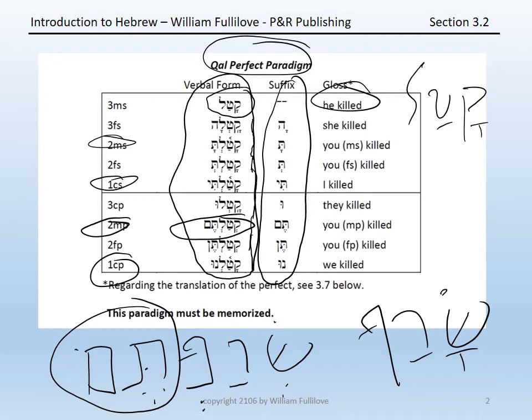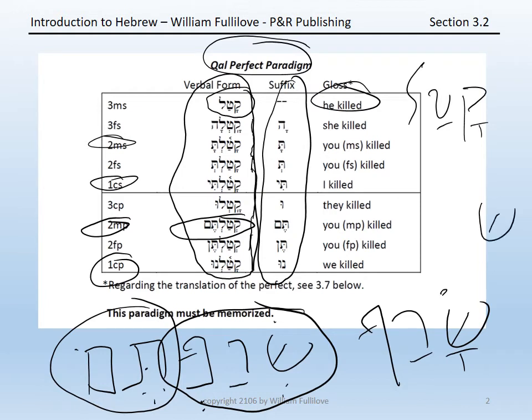So if you know qutaltim is a second masculine plural, you also know that suraftim is a second masculine plural. All you have to do is go to your lexicon and look up sin, resh, peh, and you're able to find out that this would be glossed as y'all burned.